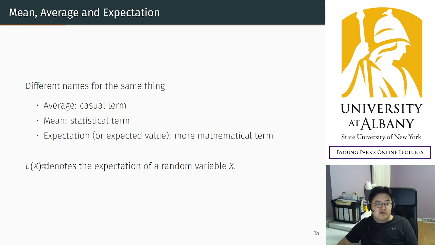And its notation also goes with expectation. E of x denotes the expected value of a random variable x, right? So I'm going to call this expectation of x. But anyhow, in this course, these three terms are the same thing. You may interchange between them as much as you want, but I'd like to tell you the subtle differences among them.